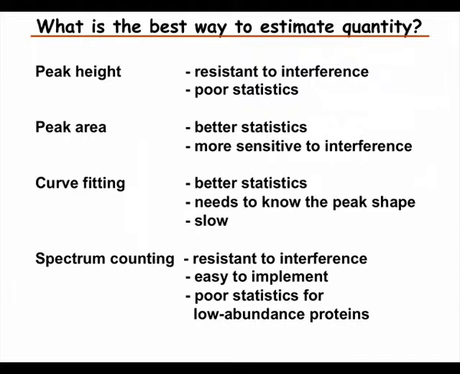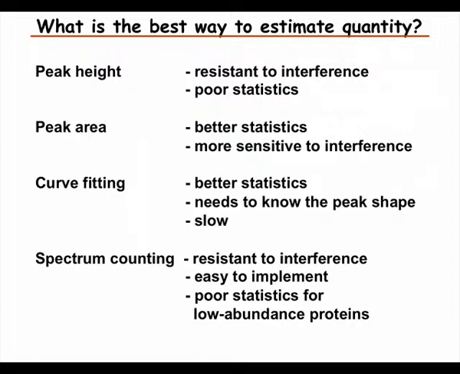Then the fourth way to do the quantitation is what's called spectrum counting. Here we use the identification, and just count how many spectra we could identify as peptides that belong to a protein. So we just count the number of spectra that correspond to a protein.